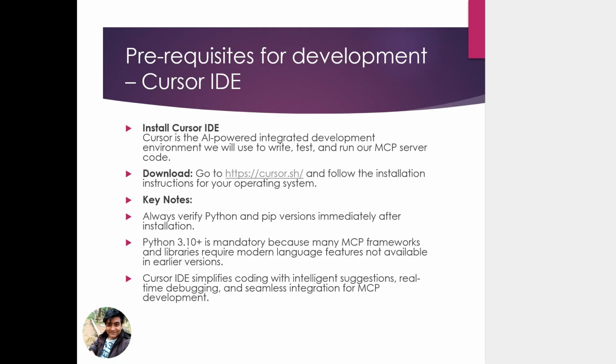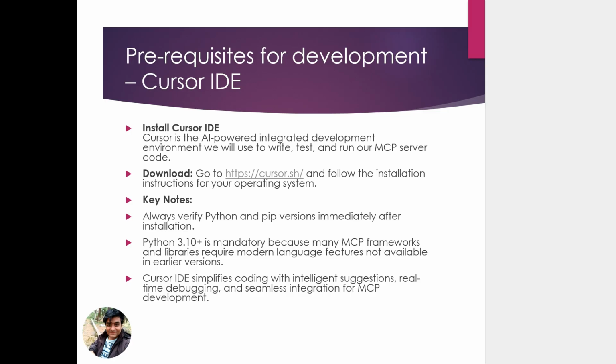If we understand what Cursor IDE offers, it is an AI powered integrated development environment where we can write, test and run our MCP server code. And as per the recommendation, once the Python and pip installation is done, we should verify it, as we have understood from the previous course.